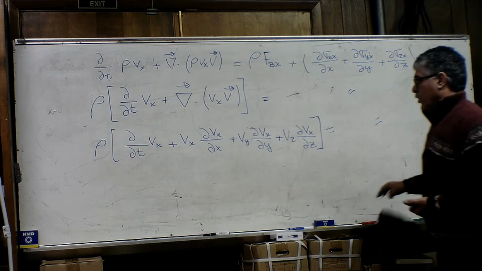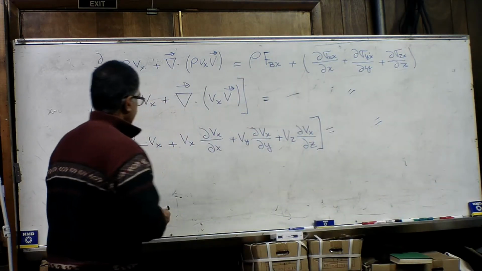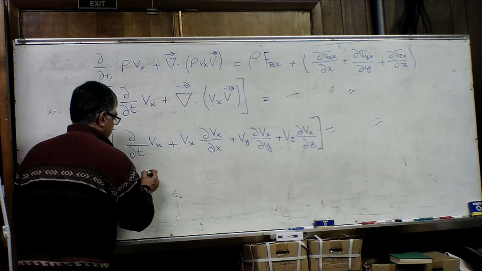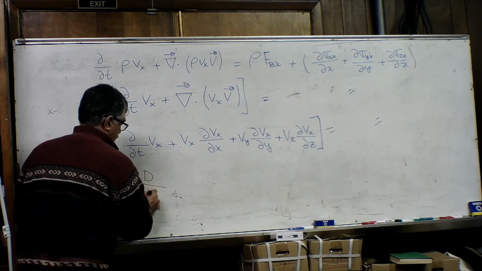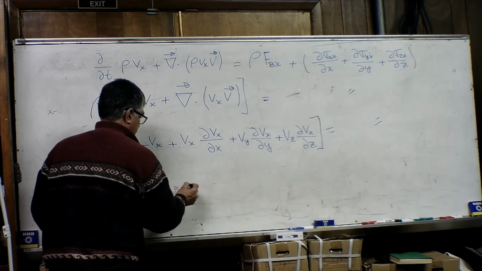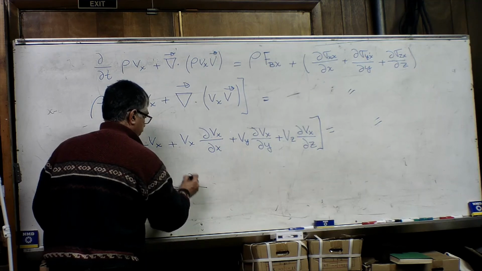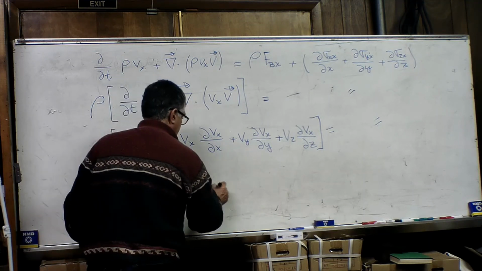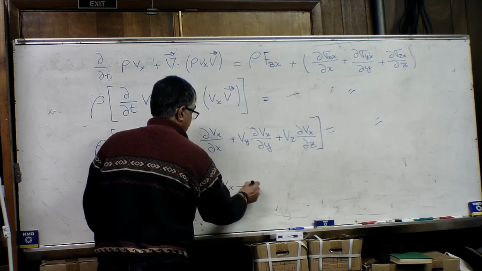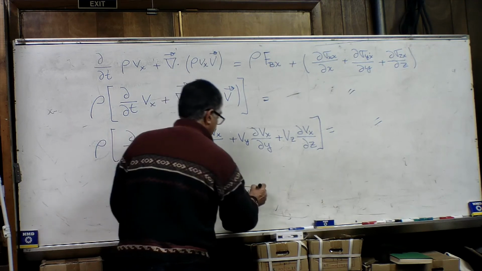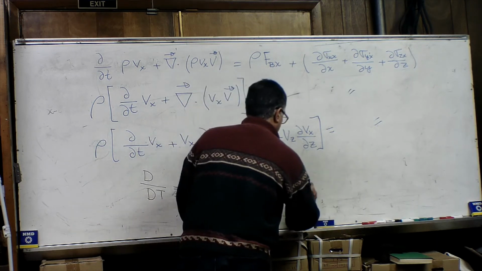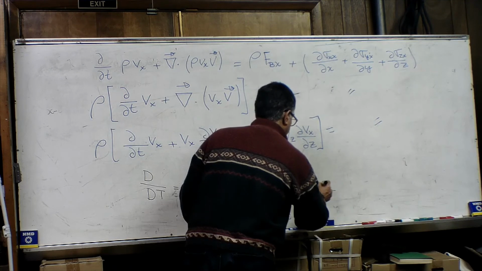Now here, in most books, if you look at the engineering manuals, you will see that this operator d over dt is defined as partial derivative with respect to time plus Vx partial derivative with respect to x plus Vy partial derivative with respect to y plus Vz partial derivative with respect to z.